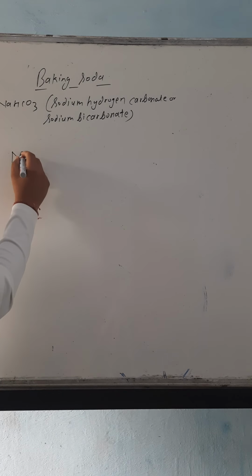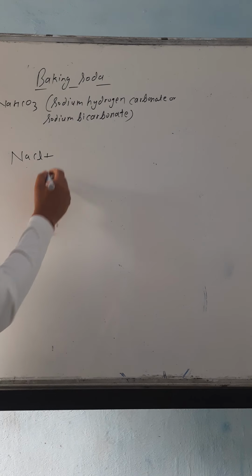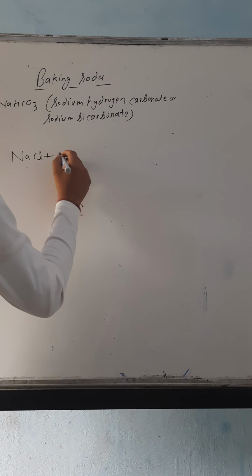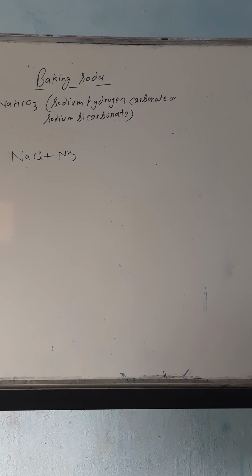How do we prepare this baking soda? We take the concentrated solution of NaCl, which is your salt, and ammonia, NH3.